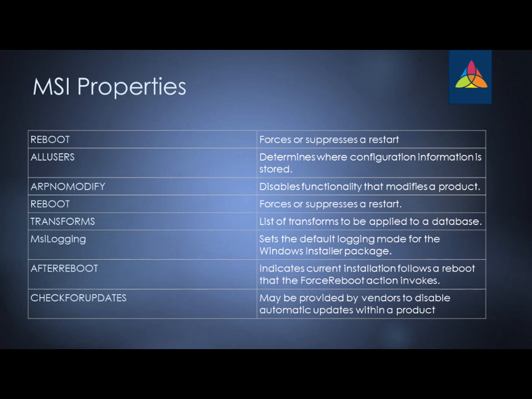There are a number of standard MSI public properties which apply to all installers. And then we've got vendors who create their own properties, public or otherwise, to allow the configuration of things like automatically accepting the EULA or suppressing checks for updates in an application. This is where research comes in because it is different between all vendors, all applications, and even between versions of an application.